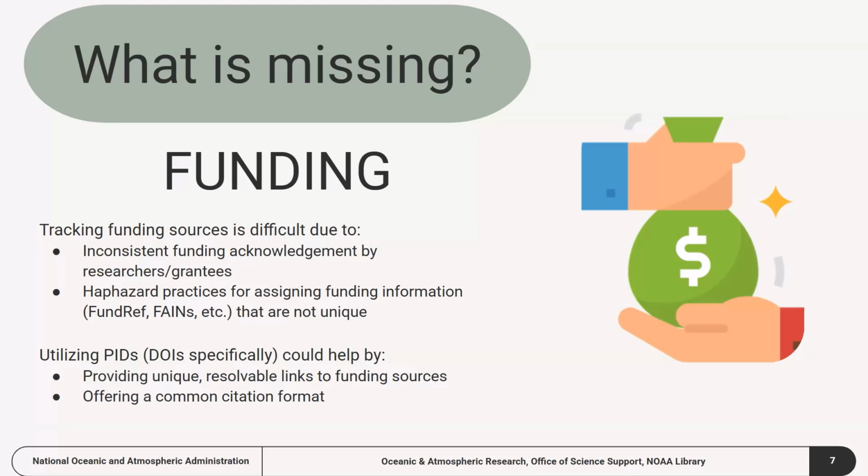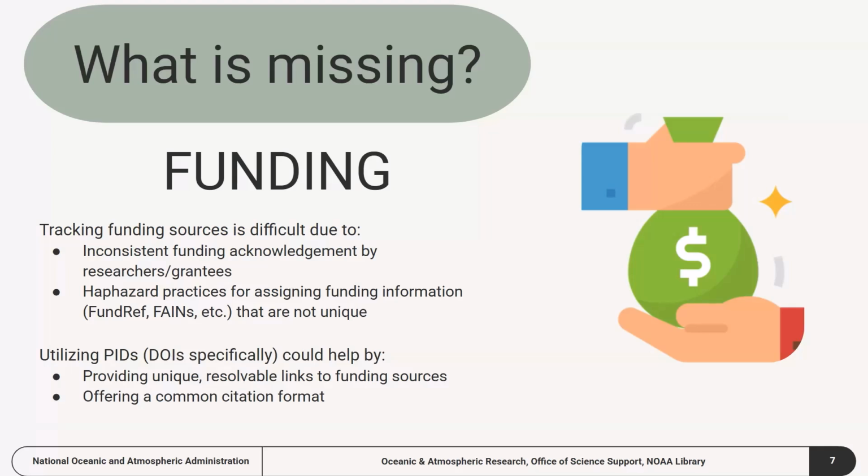So there's something missing from that, right? When we were looking at the who, where, how, and what, that's the how, and that's the funding piece. So we talk about the main three types of category, or the three categories for PIDs. Funding is missing from that. So the ability to track funding sources is really difficult for us, mostly because it's inconsistent.